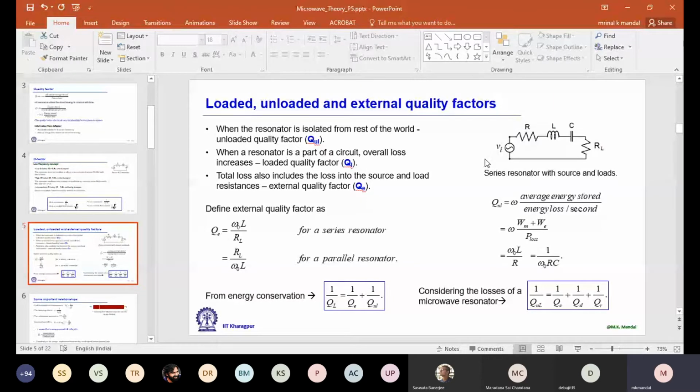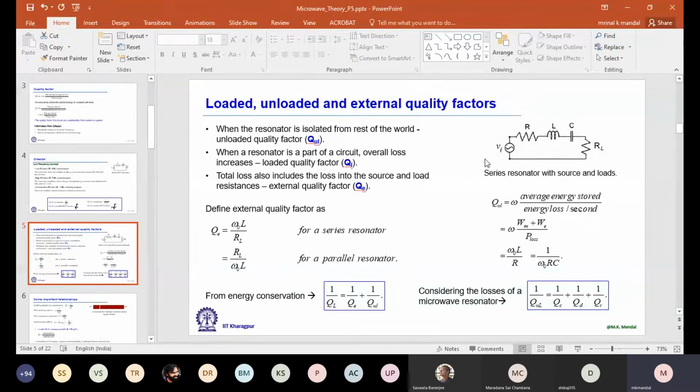Then what is external quality factor? It represents the power lost into your external load or source. Instead of an ideal voltage source, at RF frequencies the internal resistance of an RF source is usually 50 ohm. So we also have a loss in the source because it has some R part. Now, from the resonator, how much power is lost into your circuit?